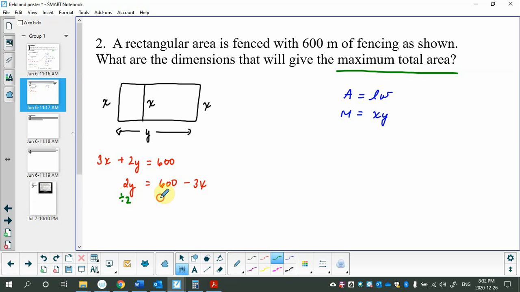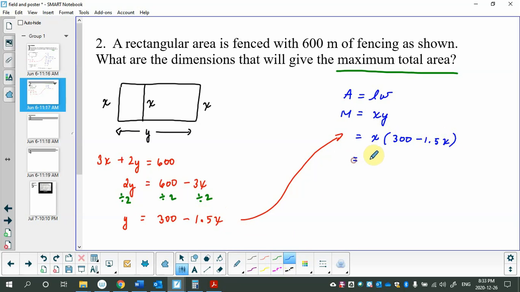Dividing by 2 allows you to maintain accuracy if you prefer decimals over fractions. You can use 3 over 2, just like you could use 2 over 3 if you divided by 3, but this gives you the opportunity of decimals in case you ever wanted them. So I'm going to continue this question with decimals.